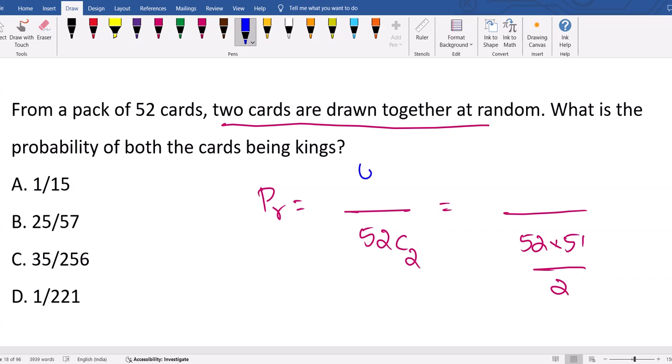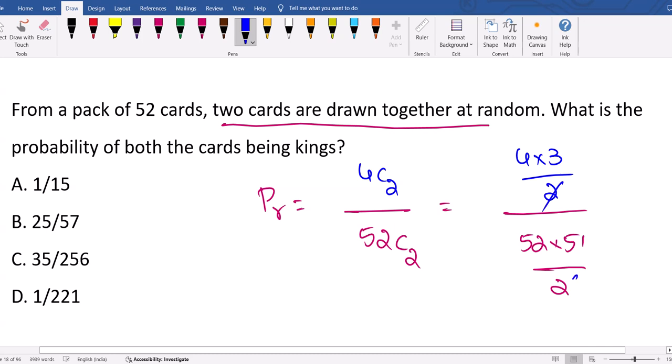How many kings are there? 4. In spade one king, in diamond one king. There are 4 suits: spade, diamond, club, hearts, and each has one king available. So 4C2 out of 52C2 simplifies to 3 times 1 divided by 17 times 13. 13 into 17 is 221. So 1 upon 221 is the answer.